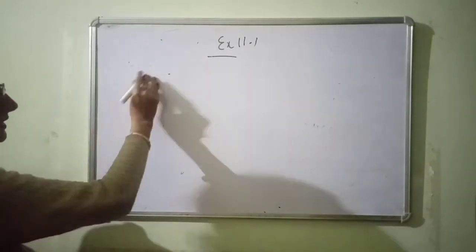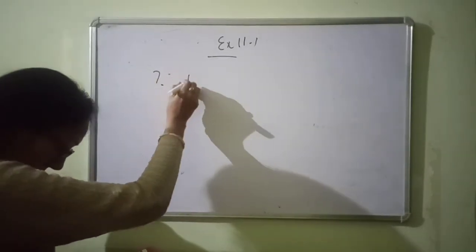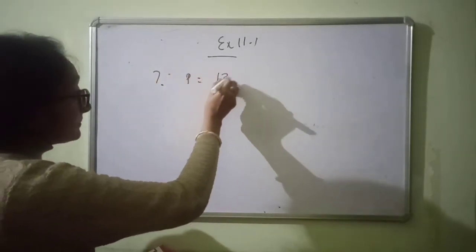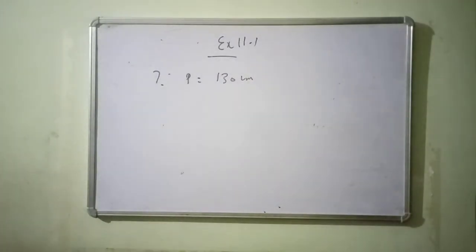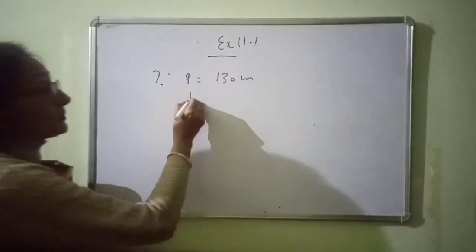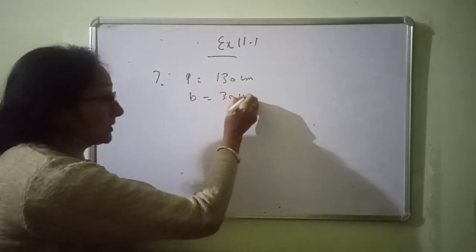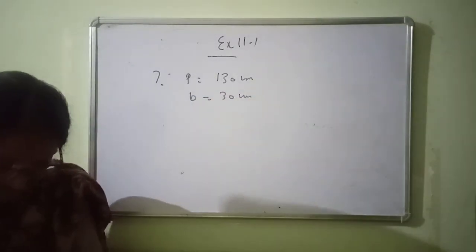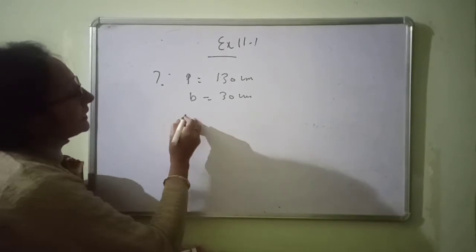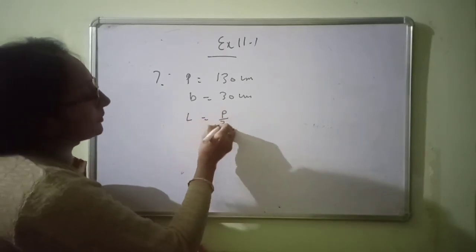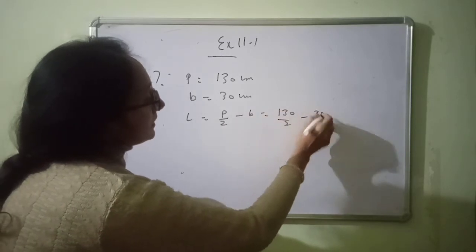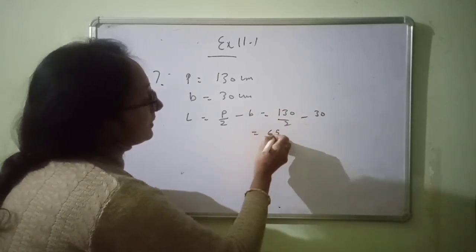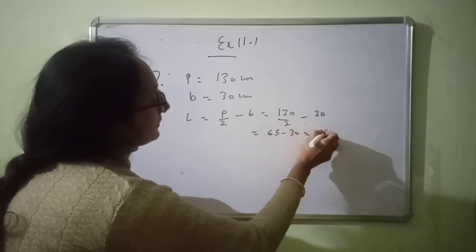The perimeter of a rectangle is given 130 centimeter. This is the perimeter of a rectangle, and breadth is 30 centimeter. We have to find the length and then we have to find the area. Length will be equal to perimeter upon 2 minus b. 130 upon 2 minus 30. 65 minus 30, that is equal to 35.